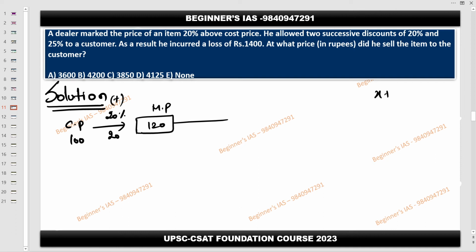Calculate x plus y plus xy by 100. Understood? If one is a 20 discount and another one is a 25 discount, then do it.